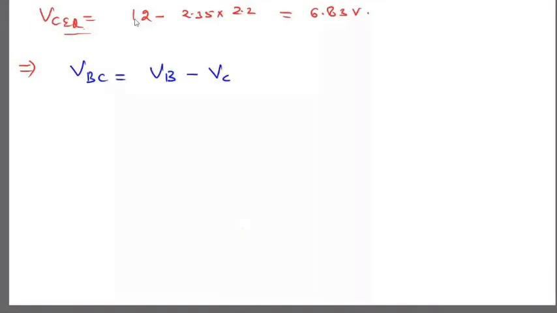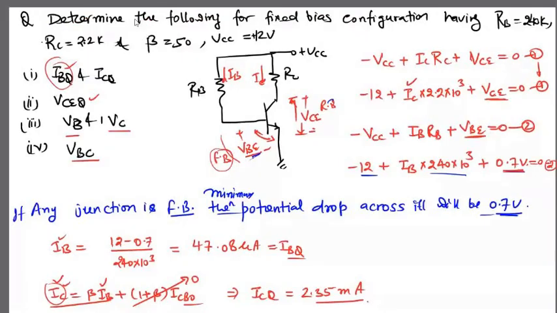Okay, and here since this is common emitter configuration, the emitter will be common. So VBC equals VBE minus VCE. Here you see the voltage between this and this terminal will be VBE minus VCE. So we can calculate it directly.